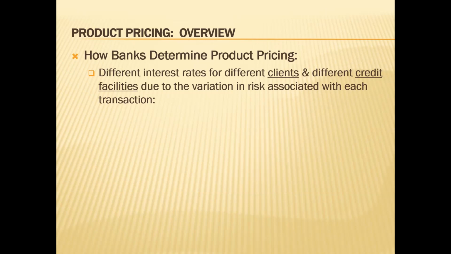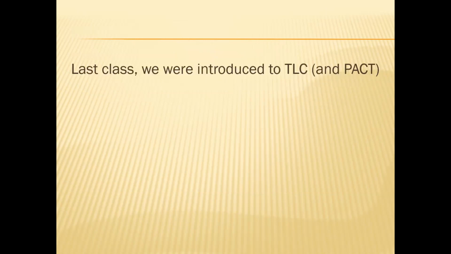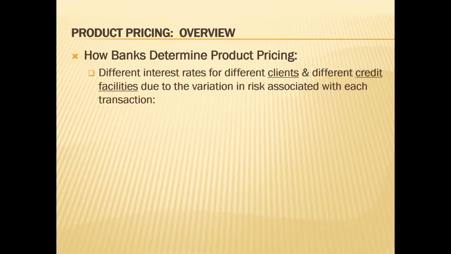You recall last class, or the last chapter, we were introduced to TLC and PACT. We're going to take a deeper dive into particularly PACT tonight. Okay, so different interest rates for different clients or customers.